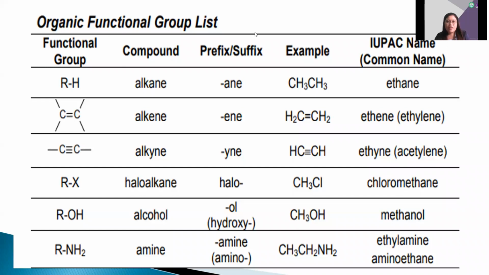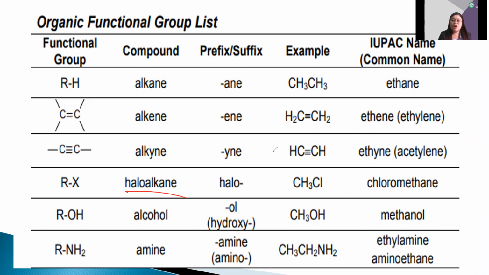And by the way, this functional group was not included in the previous slide. We have the so-called haloalkane, wherein one hydrogen of the alkane is substituted by a halogen. The halogens are the elements belonging to group 7A in the periodic table, starting from fluorine and then chlorine, bromine, and iodine.